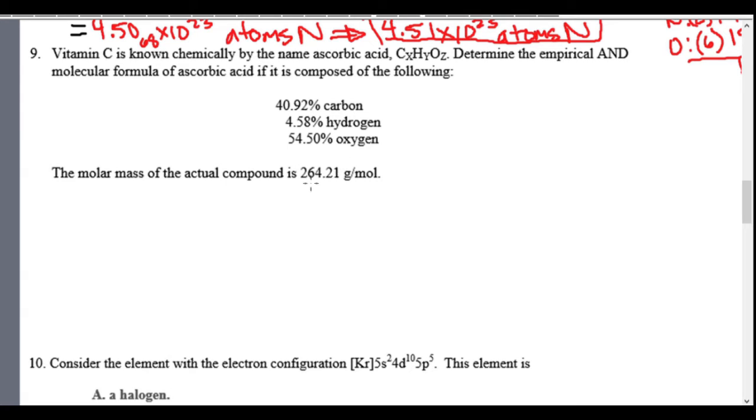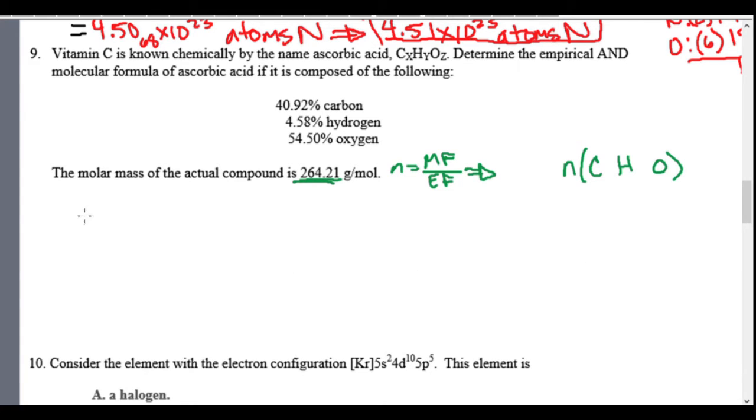We'll figure out its molecular formula using this: n equals the molecular formula divided by the empirical formula. That should give us our n value. Then we'll take n times whatever we get for CaHbOc as our empirical formula, and that'll give us our molecular formula.